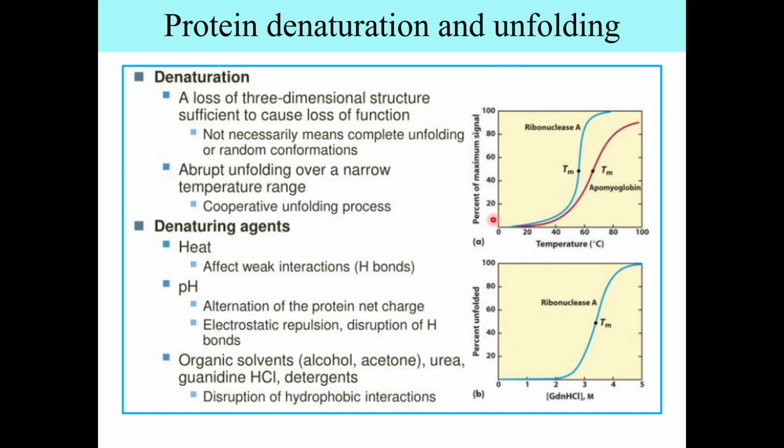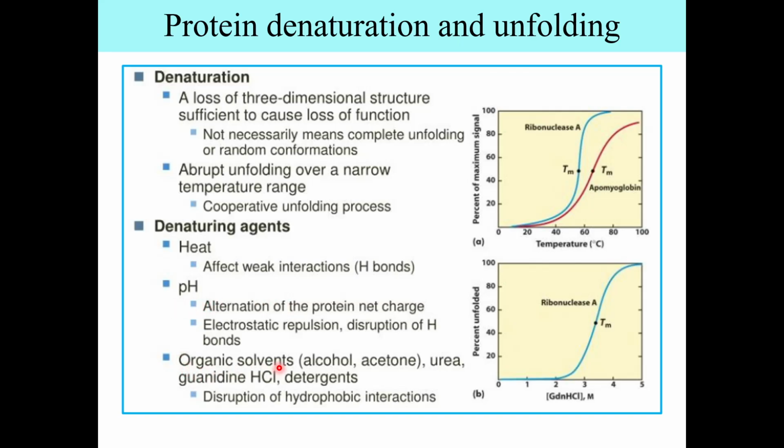Here is the percentage of maximum signal, that is the fluorescence that you will get, versus temperature, and this is how the denaturation or unfolding of the protein is seen, right? Now, denaturing agents: heat actually affects the hydrogen bonds, pH affects the electrostatic repulsion, disrupts hydrogen bonds, and alters the different pKa and the pI of the protein, right?